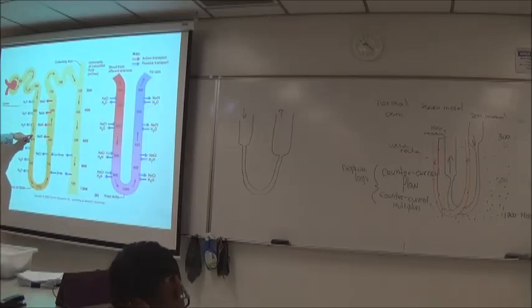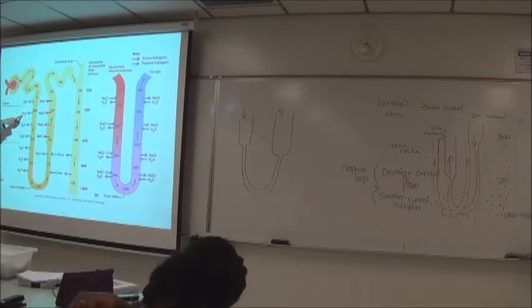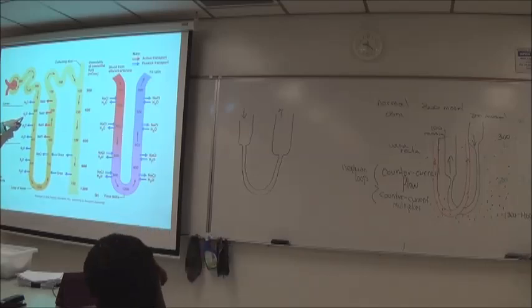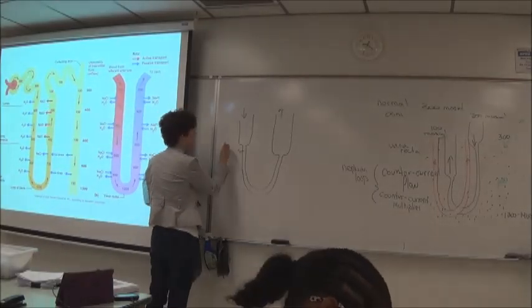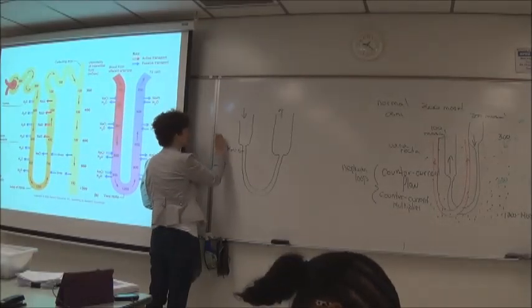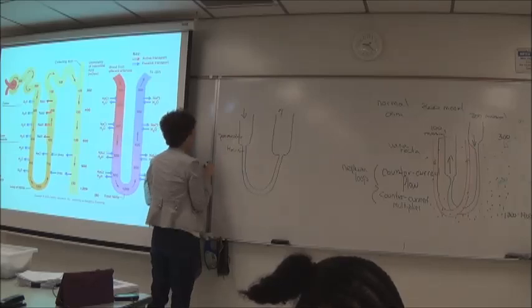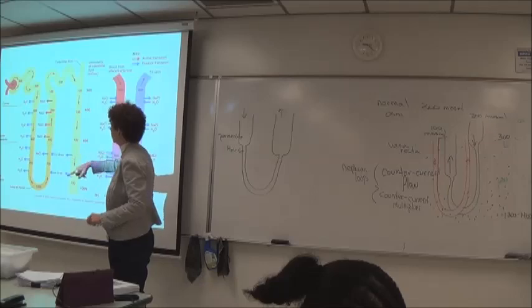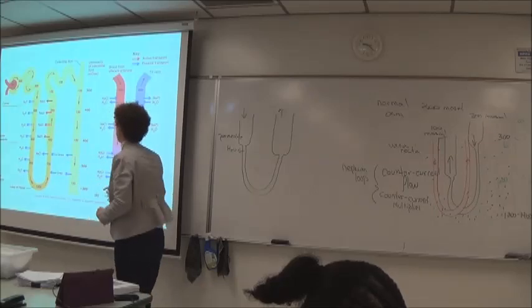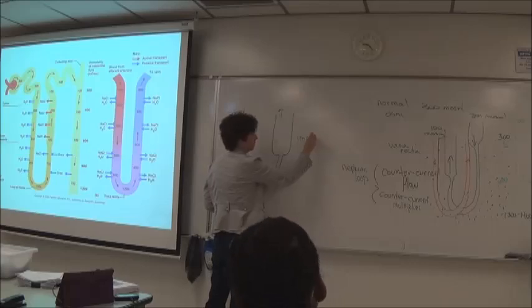The descending limb is permeable to water. It is also permeable to salt, but it's permeable to water. The ascending limb is impermeable to water.